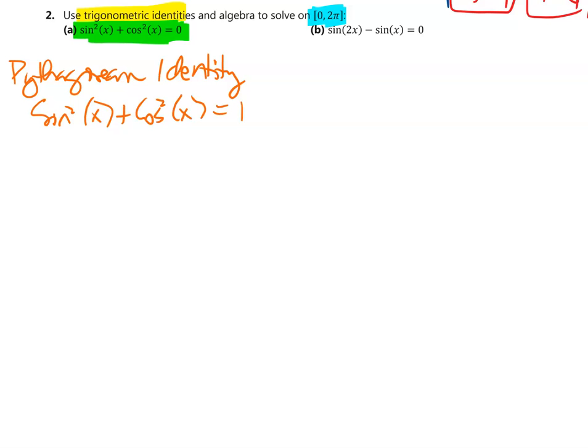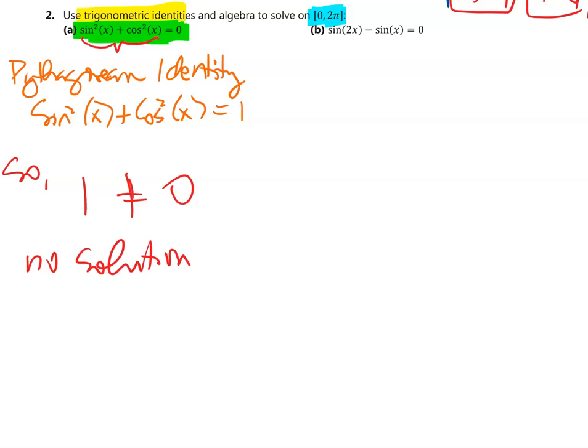So that means this sine squared x plus cosine squared x is equal to 1 equals 0, and 1 is not equal to 0. So we can say that there is no solution. That is for letter A.